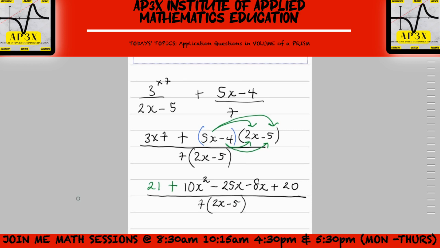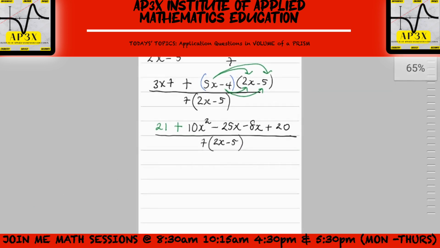Now we're looking for all the terms that are alike. Now, as mentioned before, I recommend that you guys practice writing your answers in descending powers. So I'm going to rewrite my 10x squared here first. Then I'm going to be moving on to grouping my x's. This is the only time that I recommend that you actually group.